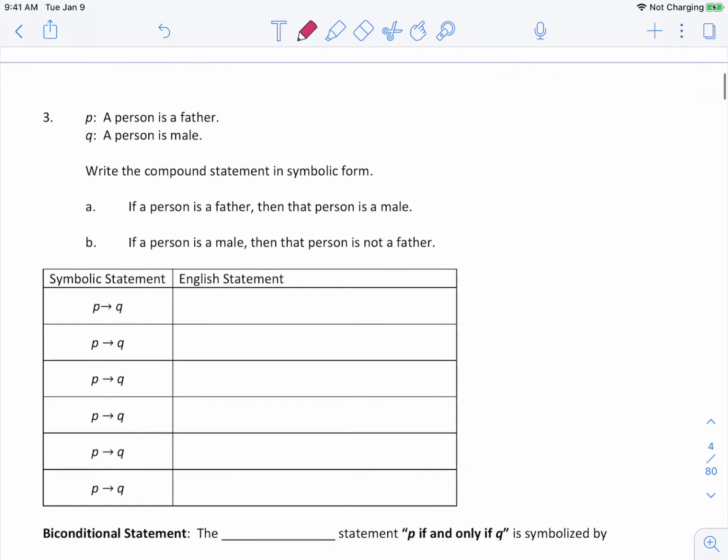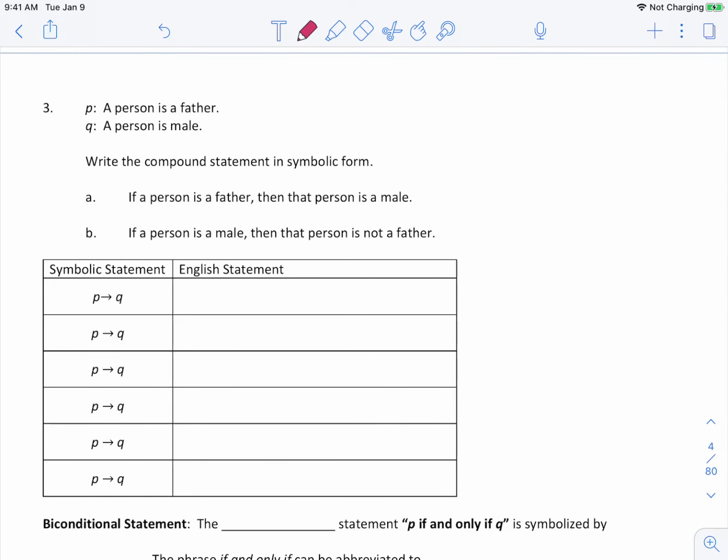So for example 3 here, a person is a father, a person is male. If we write these compound statements in symbolic form, for A, we have if a person is a father, then that person is male. So again, we have this is if then. So I'm going to circle both parts here to represent our symbol. We write the symbol by the then.